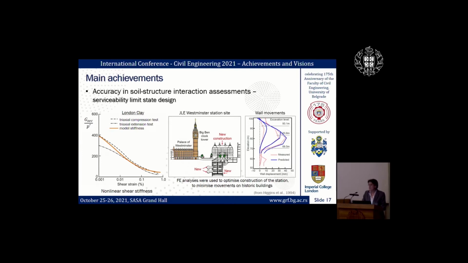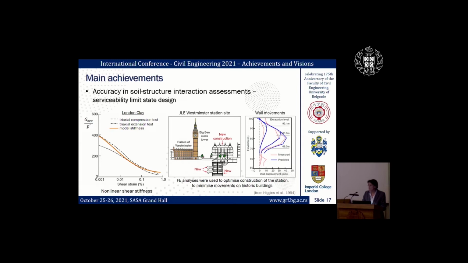Masonry structures, as we know, are very sensitive to differential settlements, and here the finite element analysis was conducted again before the construction to optimize the construction methodology with the purpose of minimizing any movements induced to existing structures.